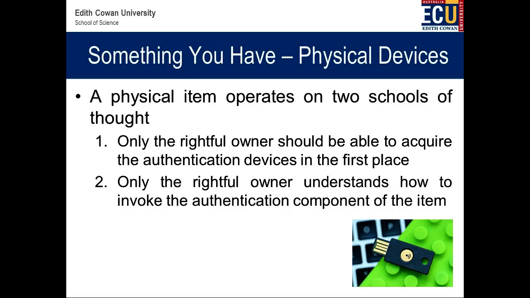This is what we mean by the first point: you are the rightful owner, and you should be the only one able to acquire that card. No one else should be able to get that card on your behalf.